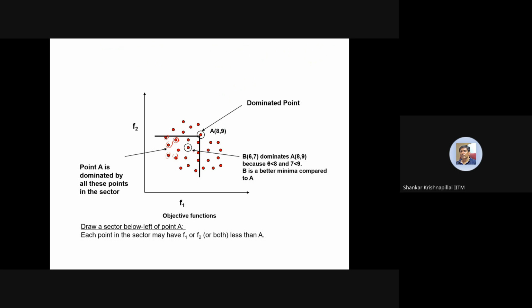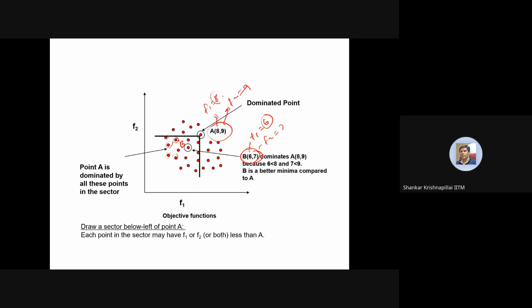Let us take this point B. The coordinates of B are (6, 7), so f1 is equal to 6 and f2 is equal to 7. You can see that the f1, f2 values of B are lower than the f1, f2 values of A. For A, f1 is equal to 8 and f2 is equal to 9.